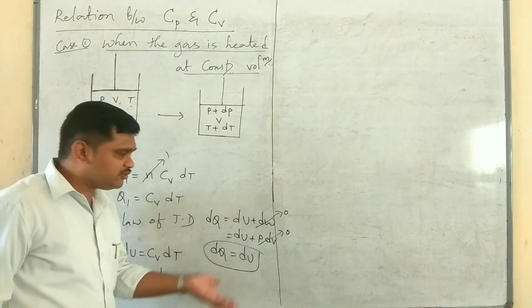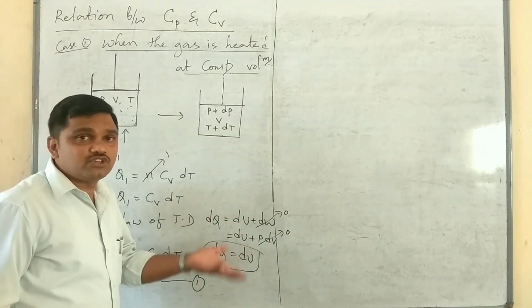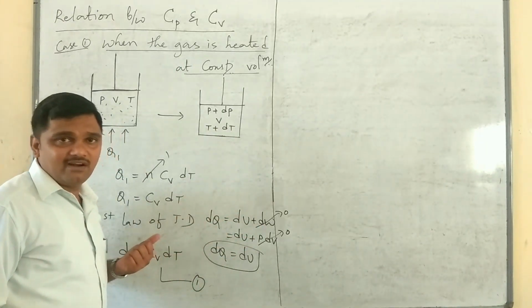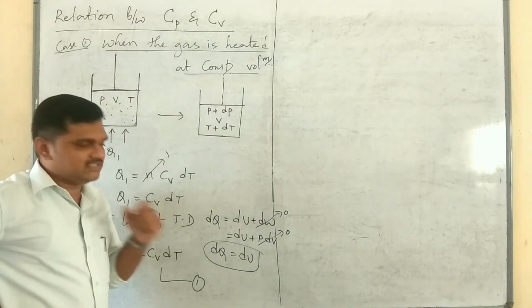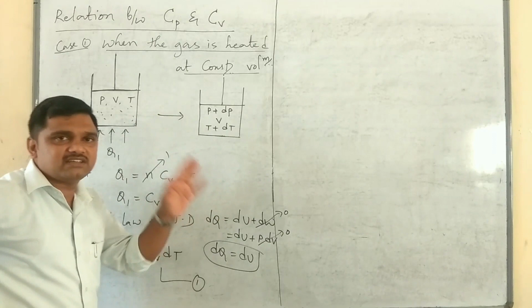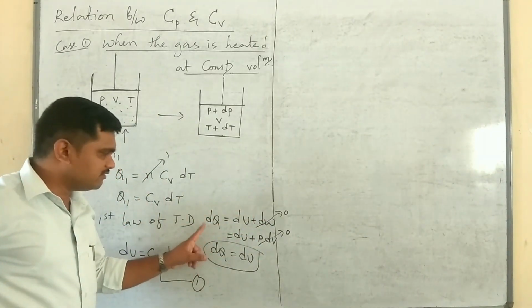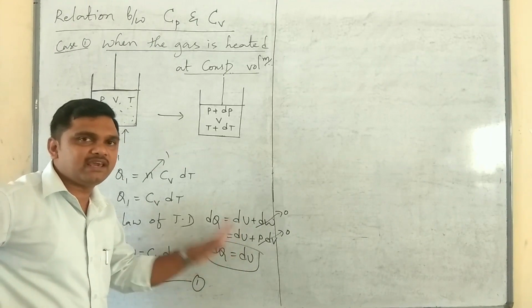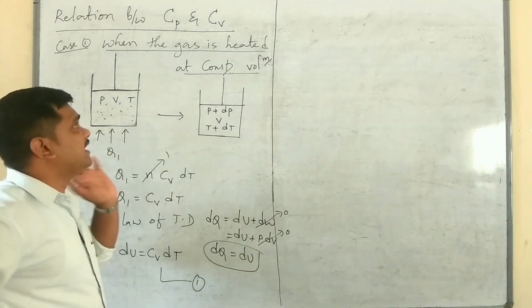Part of the energy is used to increase the internal energy, and the remaining part is used to do some external work. But here, volume is not changing, therefore the system does no work, hence dW will become 0. Therefore, dQ is equal to simply dU. In place of dU, we can write CV dT.